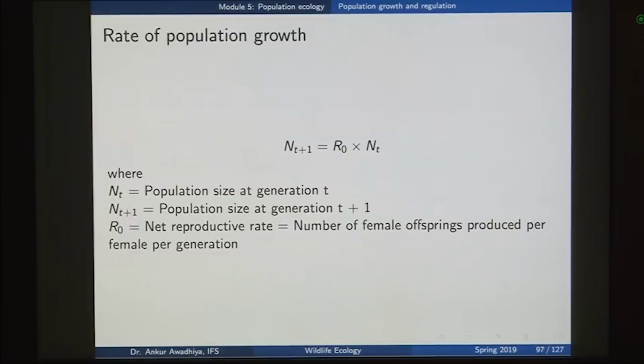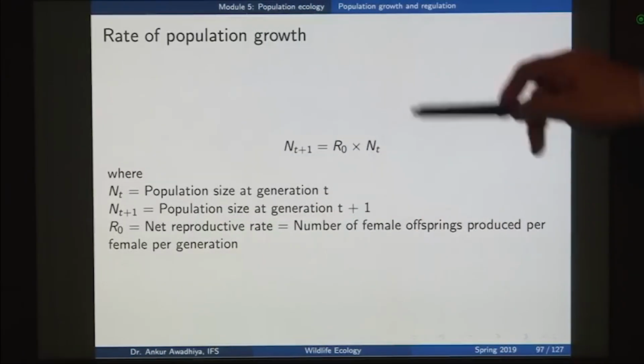Till now we were interested in measuring the population parameters, the demographic parameters. Now, we want to know that if you have n number of individuals today, what will be the number of individuals in future? How does this population grow, or decline, or remain constant, and what can we do about it? So, the first simplification is that we say that the rate of population growth is given by this equation.